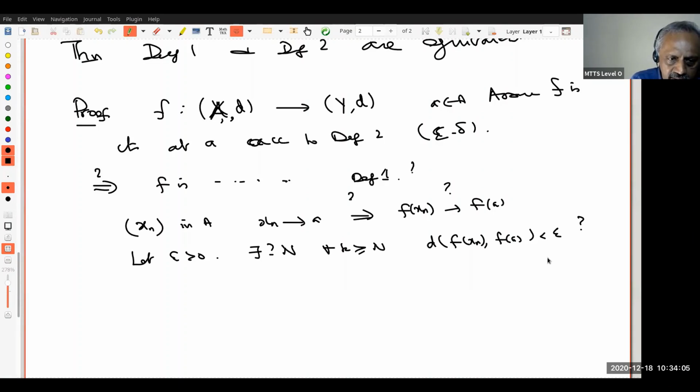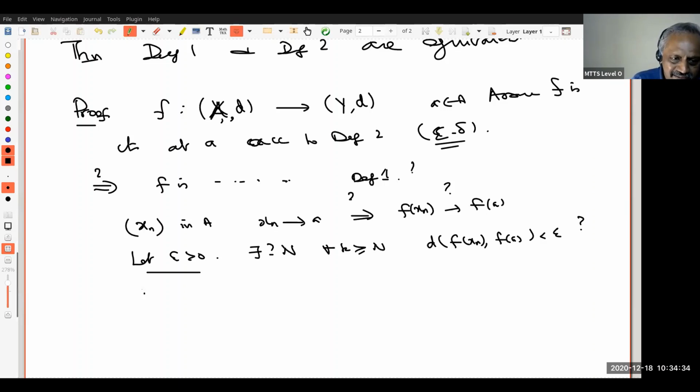Right? You understand that? So what is given to me? To prove the convergence of f(x_n) to f(a), I am given epsilon positive. Now what should you do? Your brain should trigger. What is our assumption now? f is continuous according to epsilon delta. So now I got an epsilon, and I am full of action. What do you think I will do? For this epsilon, I know there is a delta.